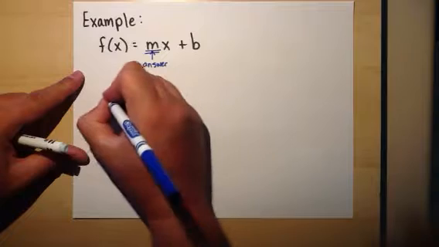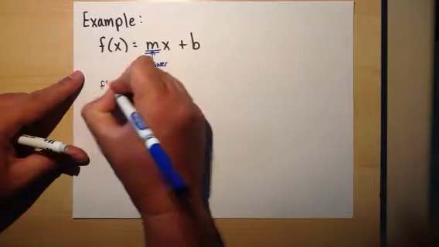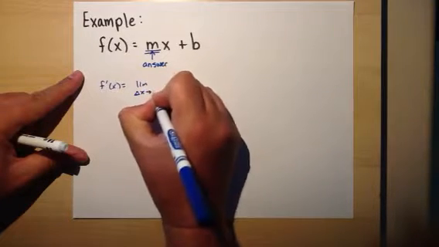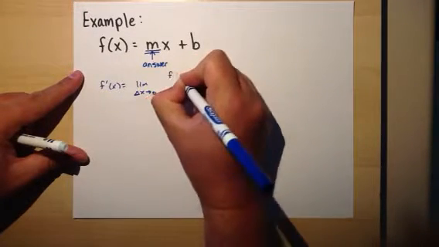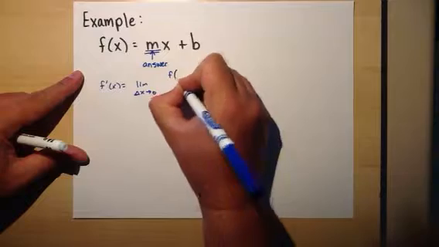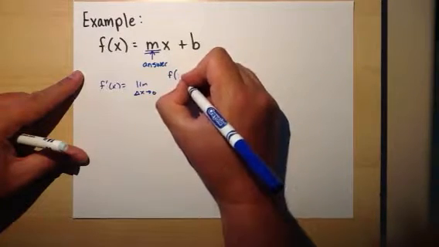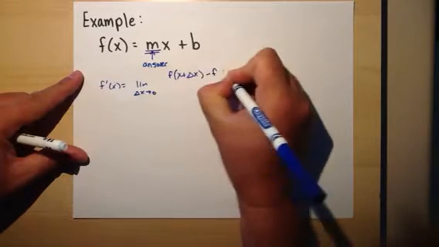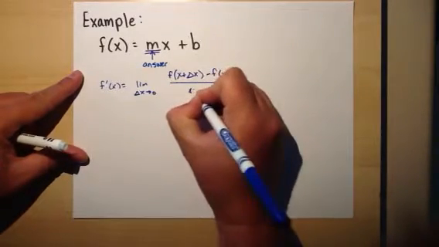It does not matter. So I'm going to say f prime of x equals the limit as delta x approaches 0 of f of, remember we're going to put x plus delta x in there. Let me just quickly write it.